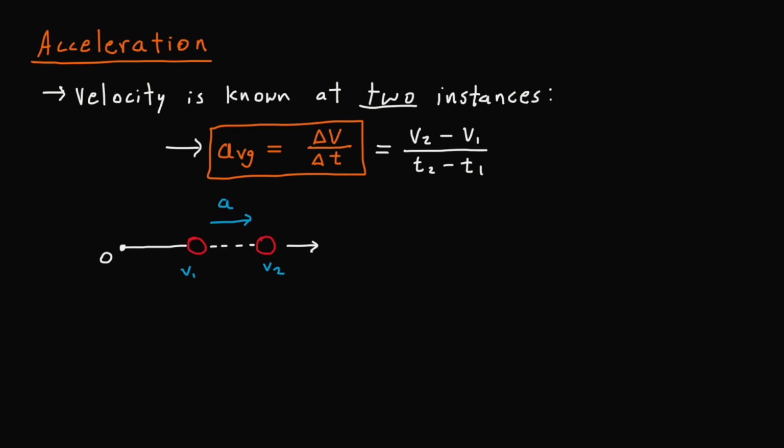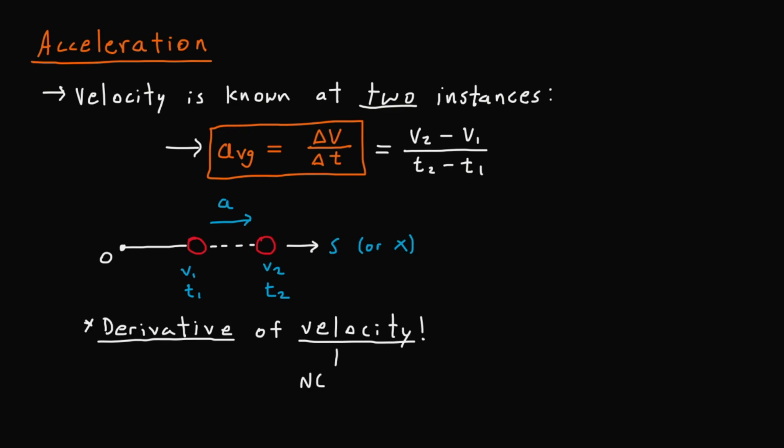And let's say this is moving along position s, or I guess you could say x, whichever variable you choose. And now to define acceleration, we of course need time on the two instances, so we have t1 and t2. And since acceleration is defined as the change in velocity over change in time, acceleration is essentially the derivative of velocity.